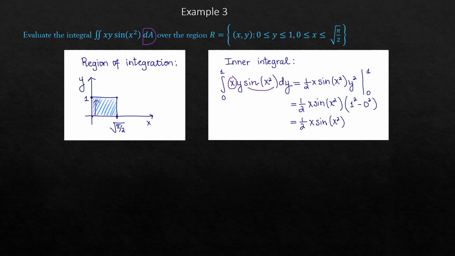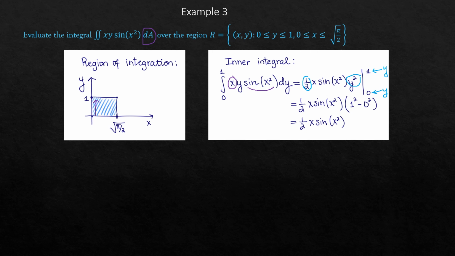And then the antiderivative of y would be just 1/2 y squared. Now I'm plugging in 0 and 1 for y. It's important to emphasize that we're plugging this in for y, so we do this carefully. We get 1/2 x times sine of x squared.